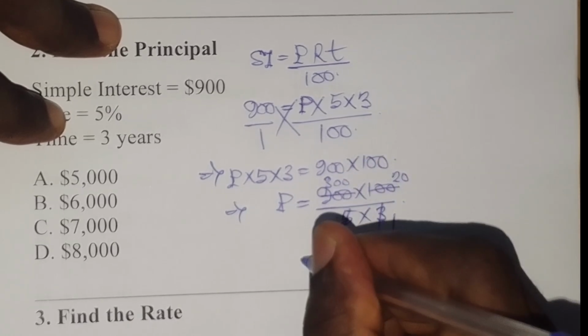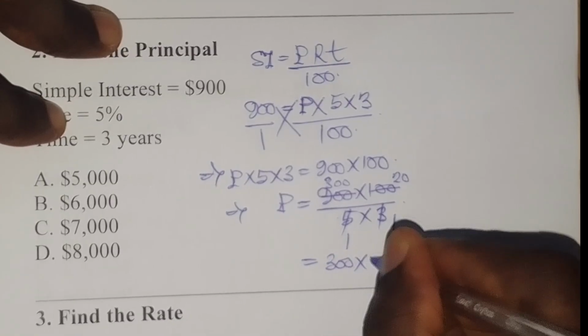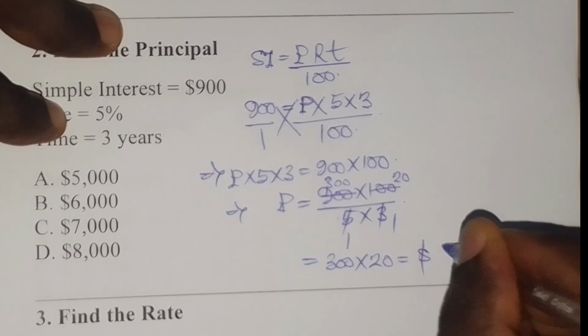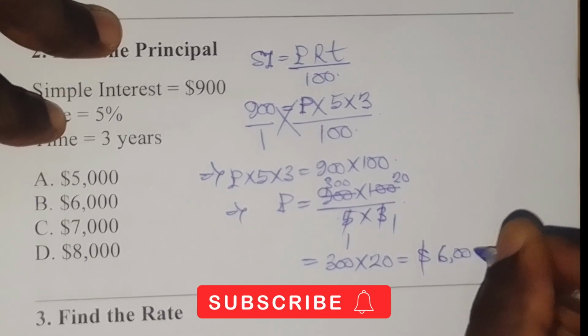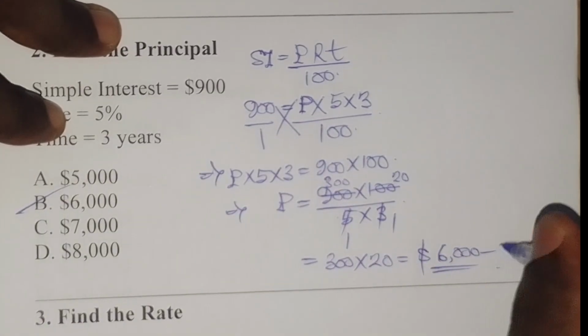So we now have 300 times 20, and that gives us $6,000. $6,000 as our final answer, which is B.